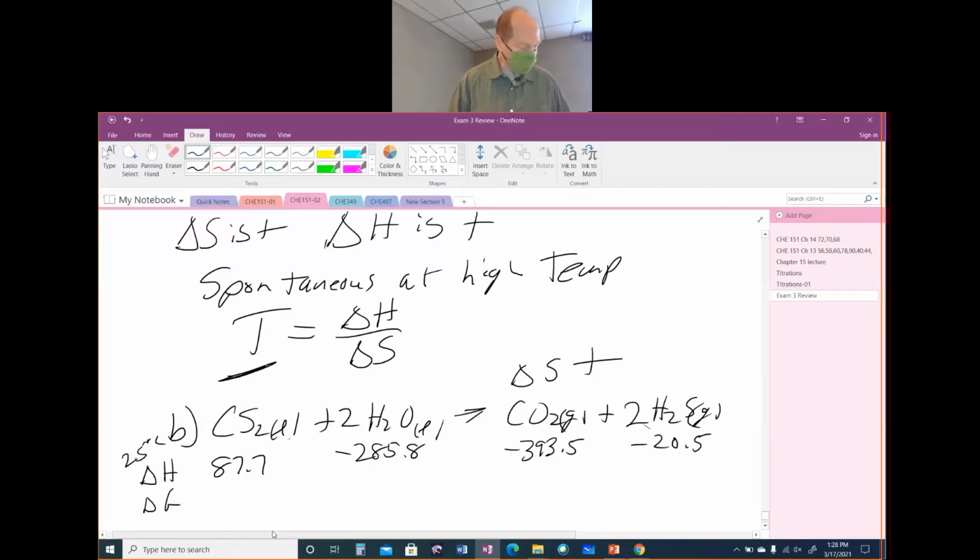Those are the values for delta H. Delta G, 65.27, negative 237.1, negative 394.4, and negative 33.33.